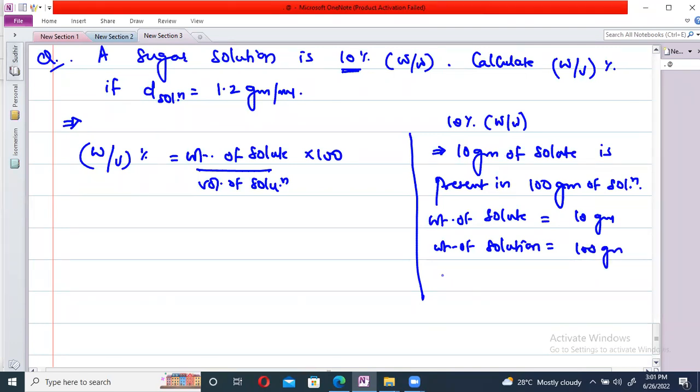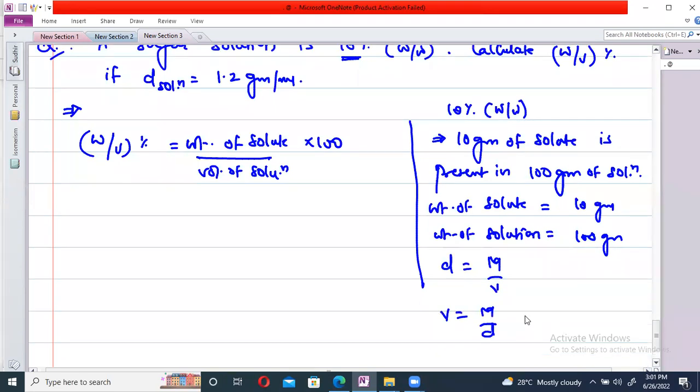But now the question is that we want the volume of the solution. So density is equal to mass by volume, volume equal to mass by density. Mass of the solution is given as 100 gram, density is given 1.2 gram per ml. Gram gets cancelled, so I'm getting 1000 by 12 ml is the volume.